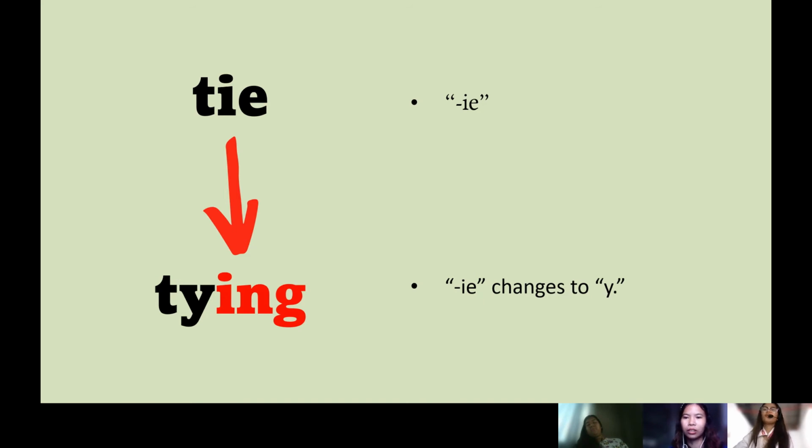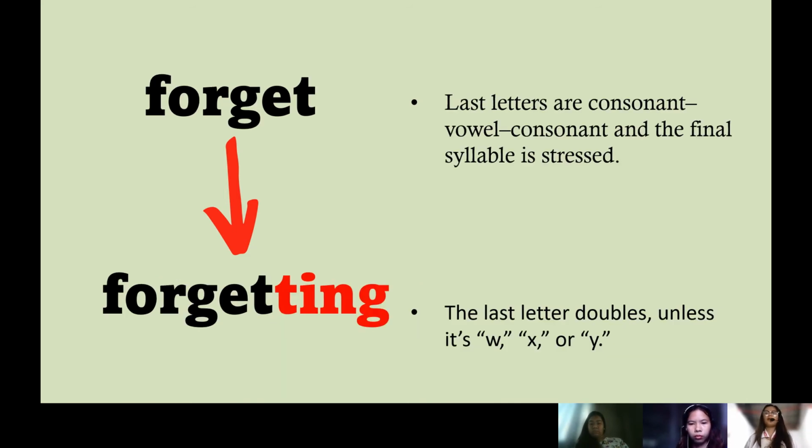So we are going to remove the IE from the word, and then we are going to change it into letter Y, and that's the time when we can add the ing. So IE changes to Y. Next. So again, if a word ends with IE, we are going to change the spelling into Y before adding the ing.